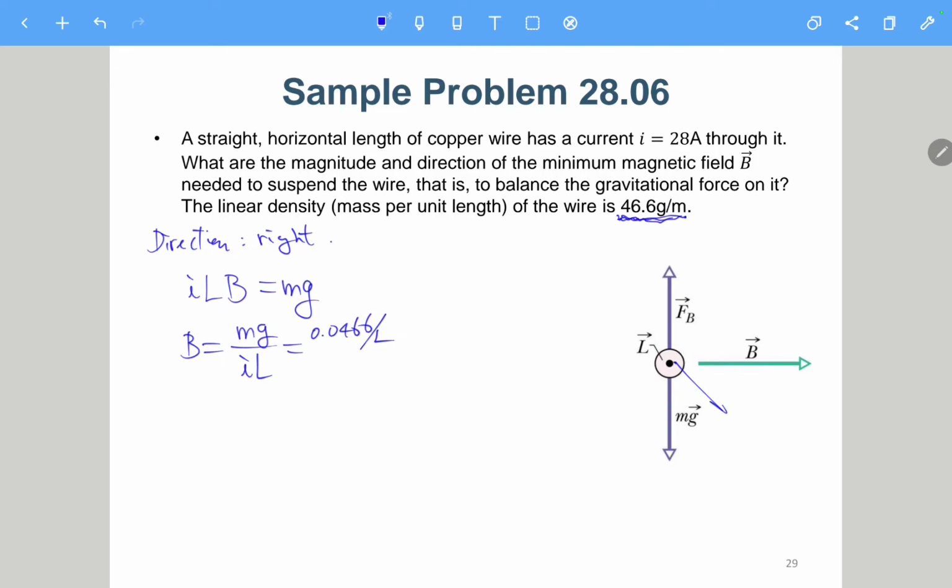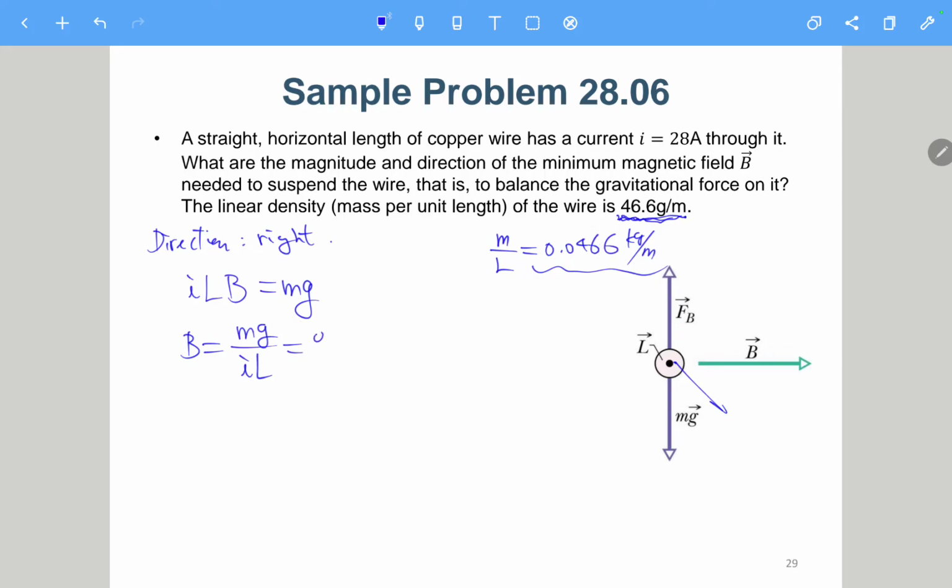Or you can consider m over L. Sorry, I should say m over L should be 0.0466 kilogram per meter. So we can just regard m over L as this number.